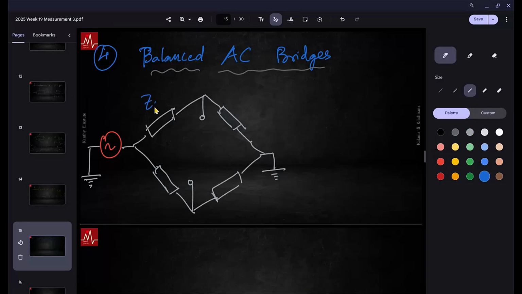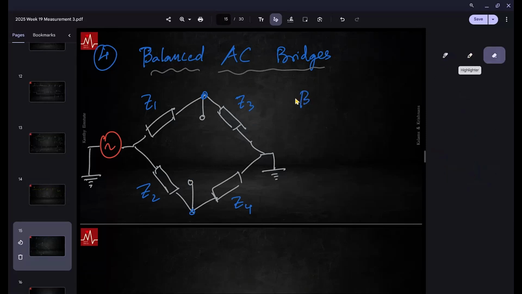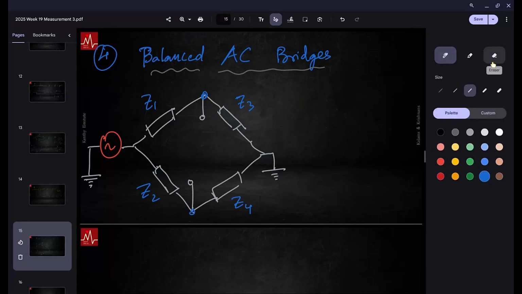You have Z1, Z2, Z3, Z4. What is the balance condition? Yes, the voltage here and here will be the same. That is the balance condition. Alternating current, oscillating current.